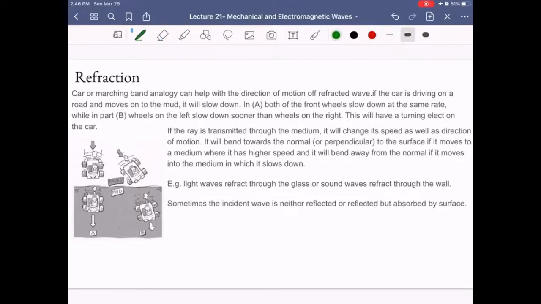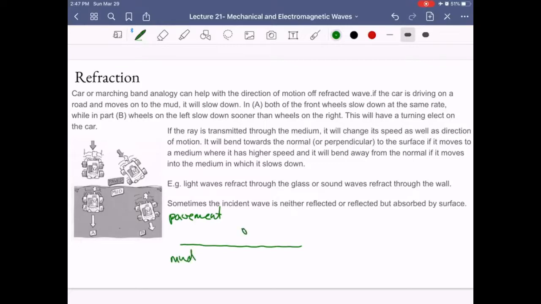Sometimes, to understand it better, it helps to visualize it. It helps if we imagine a car that's entering an interface between pavement, for example, and mud.